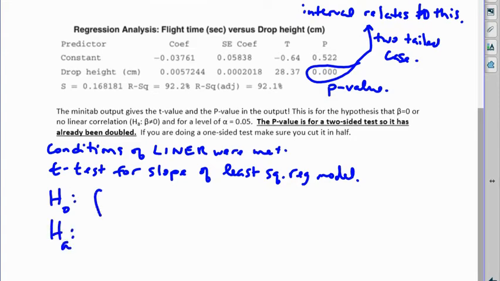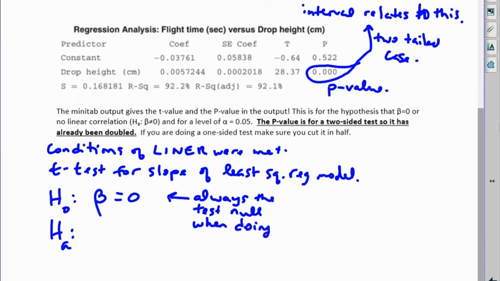Our null hypothesis and our alternate hypothesis. Our null hypothesis is beta, and that would be the symbol for the population slope, is equal to 0. The null hypothesis is basically saying that if beta is equal to 0, then we don't really have evidence of a linear relationship.